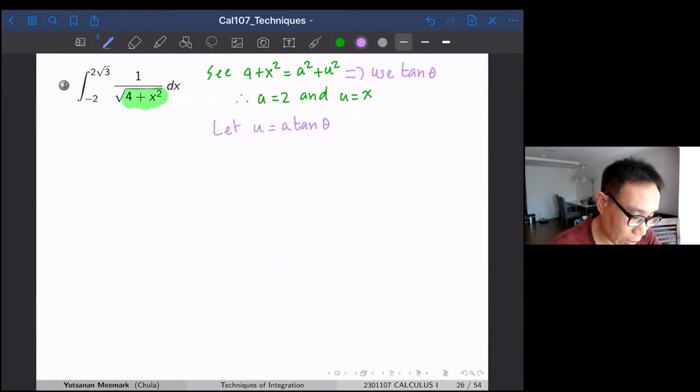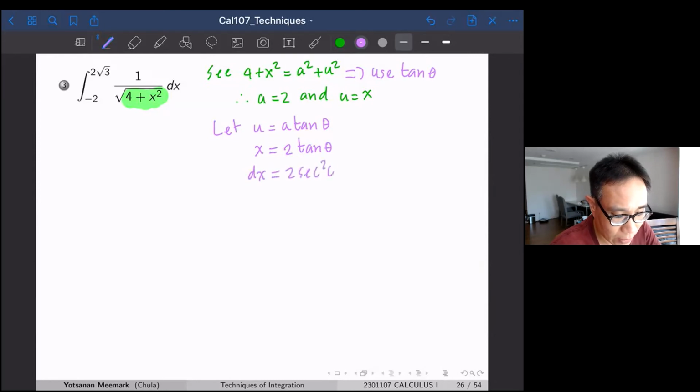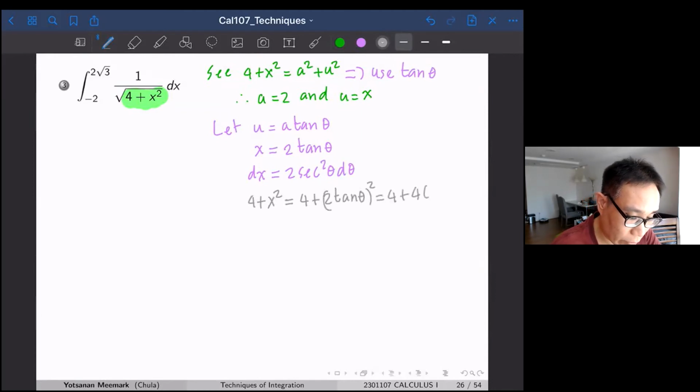So you're going to have x equal to 2 tan theta, and you get dx equal to the derivative of tan, which is secant square theta d theta. So this is your dx, it's going to be 2 sec square theta d theta. And you also need 4 plus x square for the green guy. So you're going to compute 4 plus (2 tan theta) square, so it's going to be 4 plus 4 tan square theta.